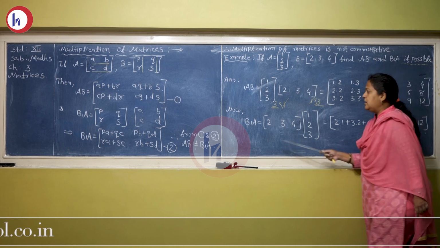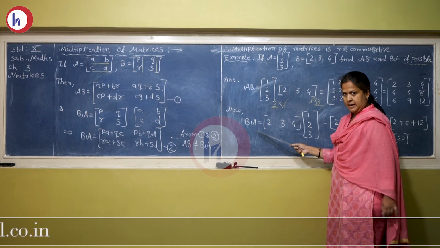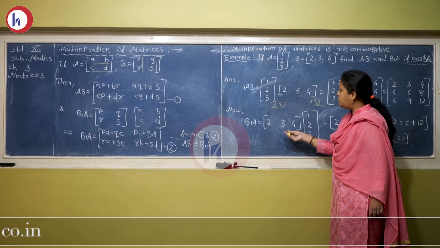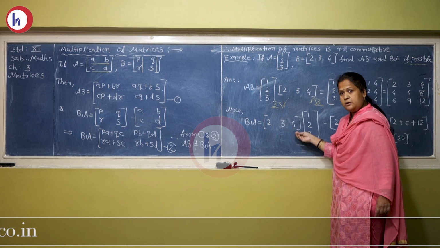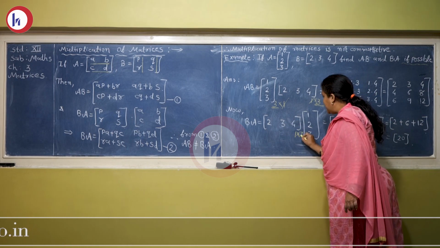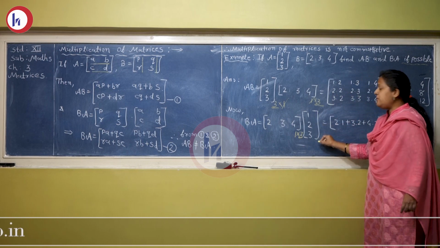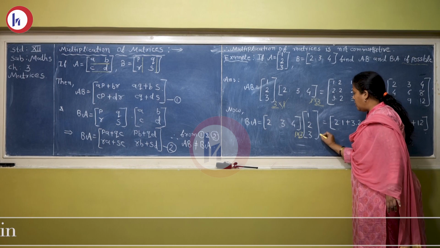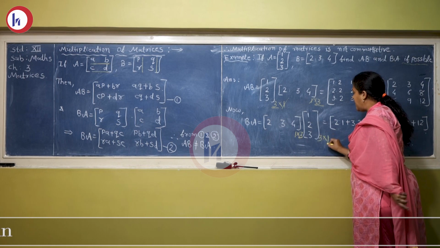Now we are finding the value of BA. In this case, we can observe this is the matrix B, in which there is 1 row and 3 columns, so it is of the type 1 by 3. And the second matrix A has 3 rows and 1 column, so it is of the type 3 by 1.